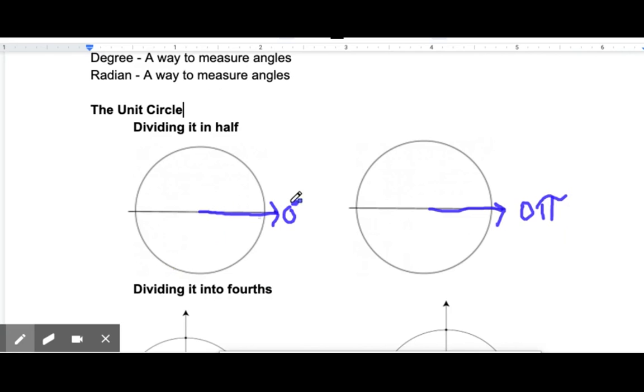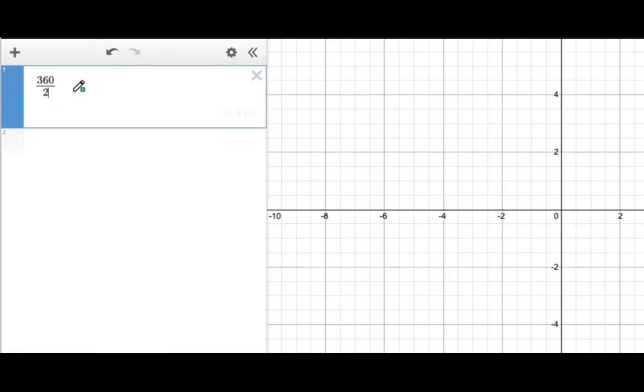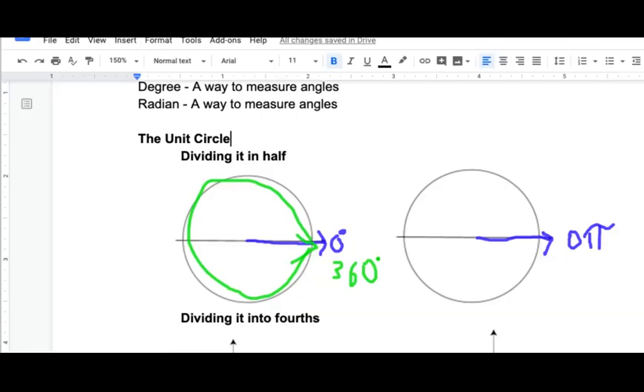And then if I take my line and I go to half of a circle, remember the full circle, if I took it and went all the way around the circle, and ended up back here, I would have 360 degrees. So if I cut that in half for half of a circle, I get 180 degrees.